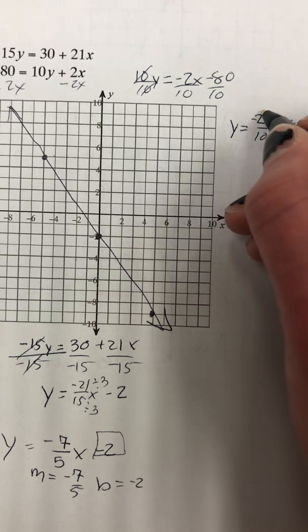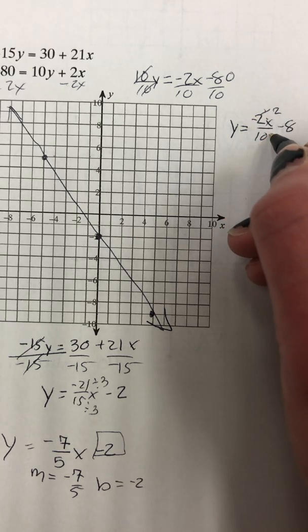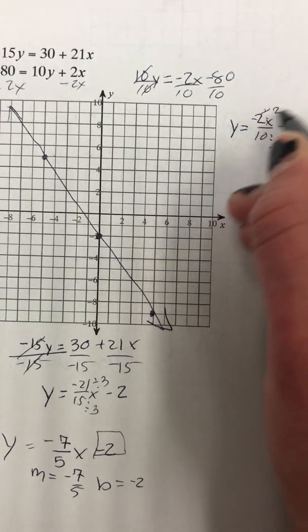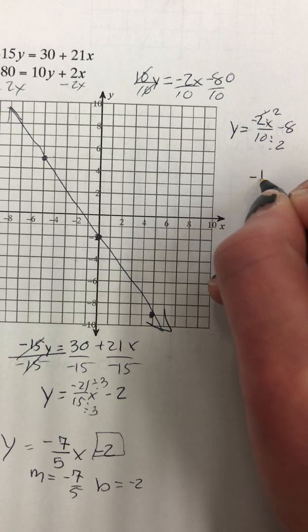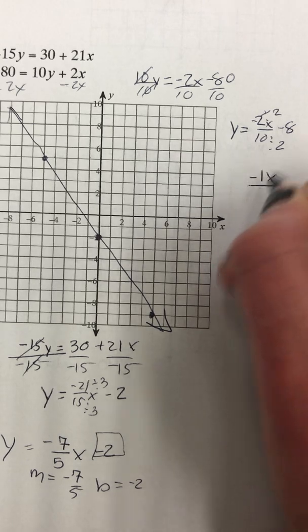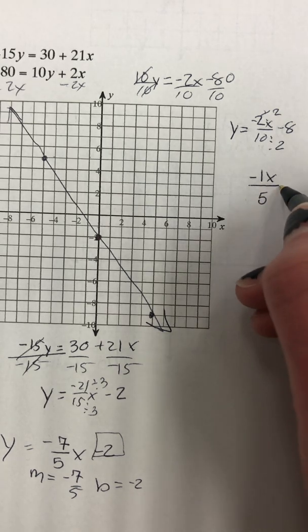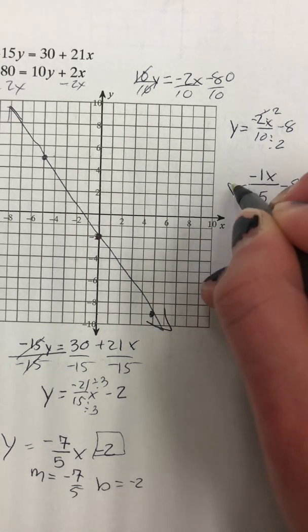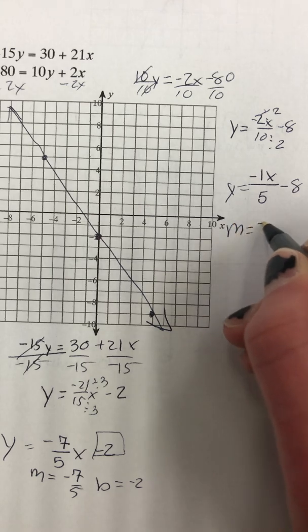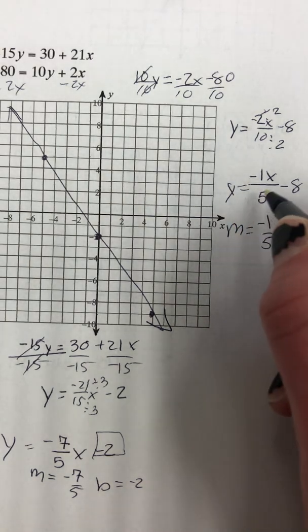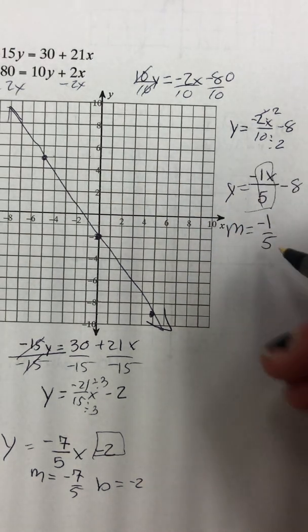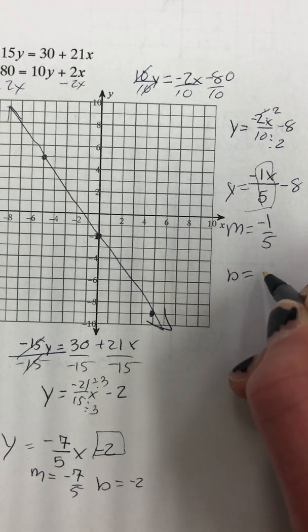Now 2 over 10 can simplify. They're both even numbers, so they can both be divided by 2. Negative 2 divided by 2 is negative 1, and 10 divided by 2 is 5. Our slope is going to be negative 1/5, because that is the number with our x. And our y-intercept is negative 8.